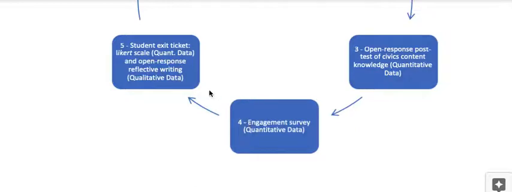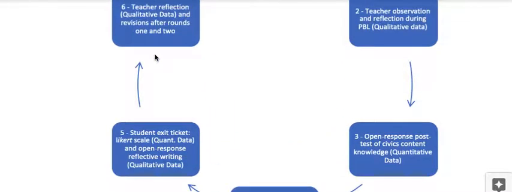I'll give them an exit ticket that will include both quantitative and qualitative data, a Likert scale that will kind of ask them some questions about how they felt they learned using the PBL process as opposed to direct instruction. And then they'll have an open response reflective writing where they themselves can kind of do some self-assessment in how they felt that they worked through the PBL, the problem-based learning process.